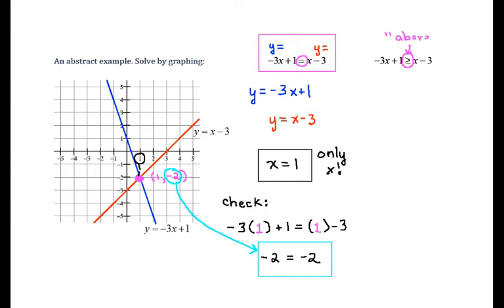Not thinking about the or equal to part for now. That's just going to affect an endpoint value. So for the word above, that means I want the part of the graph of y equals -3x plus 1, so that's this one, that is above the graph of y equals x minus 3. I'm going to highlight that portion with a nice thick line here.